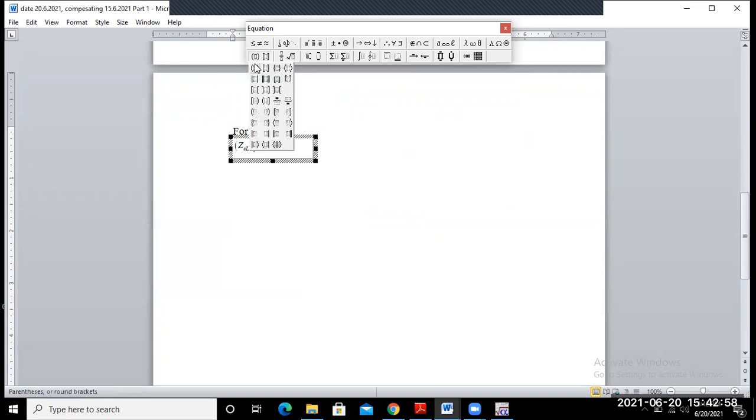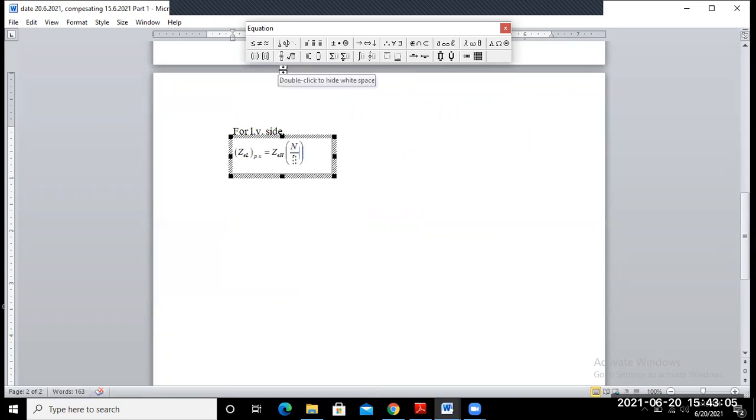So just the number of turns of the low voltage side and the number of turns of the high voltage side, whole to the power 2. So NL divided by NH, whole to the power square.